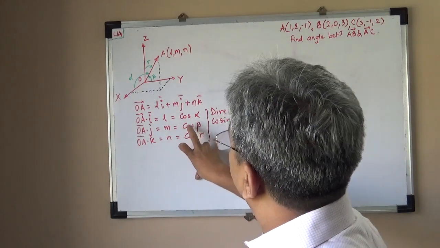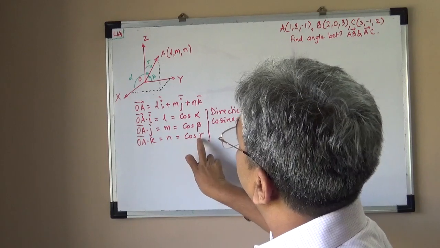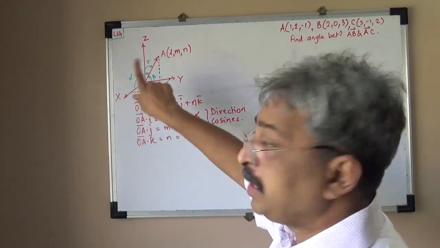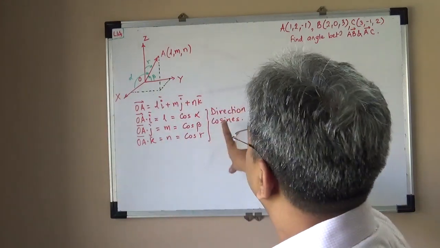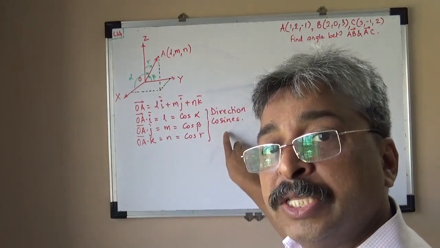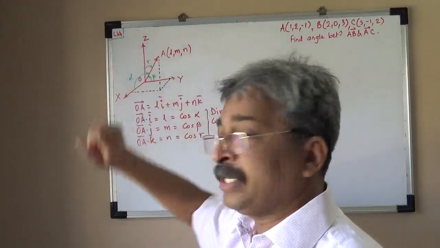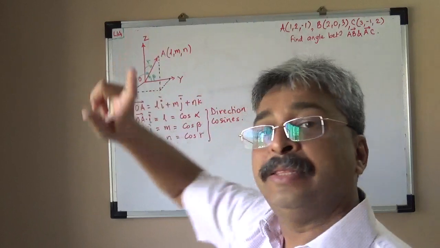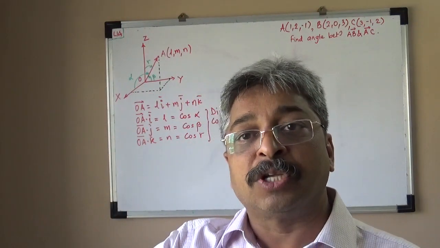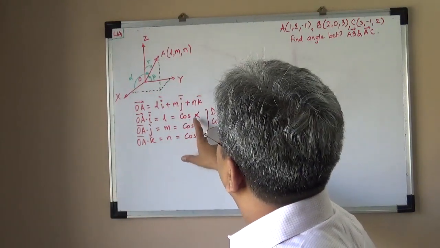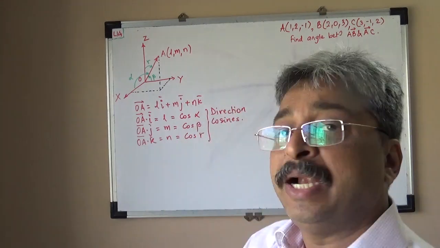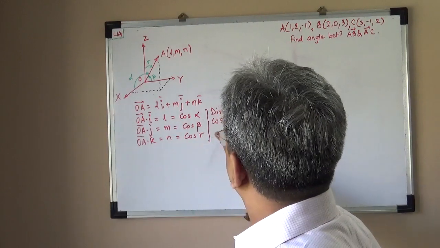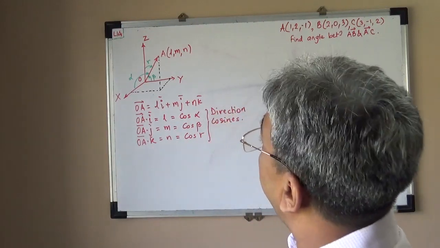So cos alpha, cos beta and cos gamma are the coordinates of a unit vector in three-dimensional system. They are called direction cosines of that particular vector. OA's direction cosines are l, m and n, which are cos alpha, cos beta and cos gamma. And alpha, beta and gamma are known as direction angles: direction cosines and direction angles.